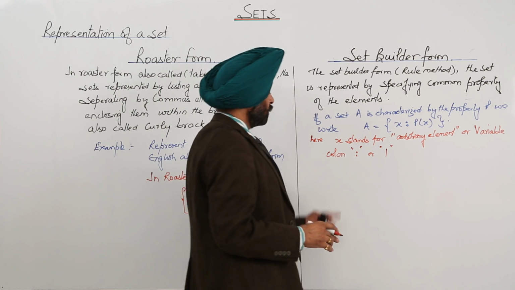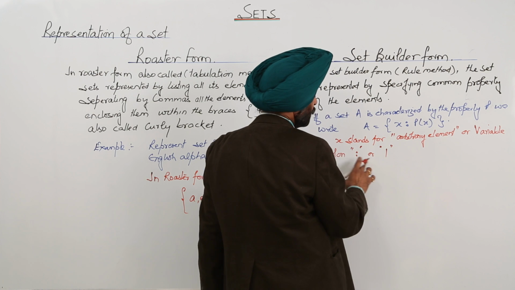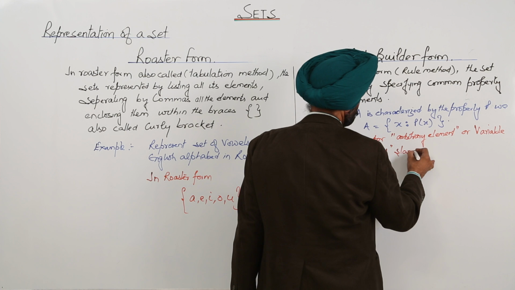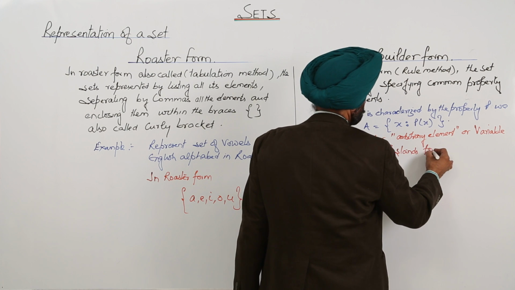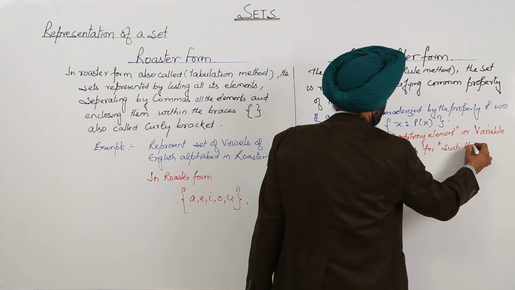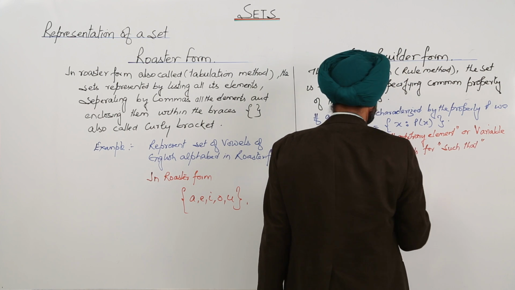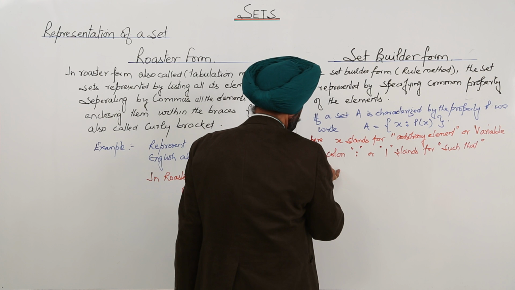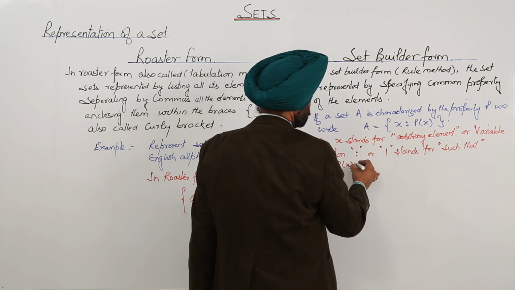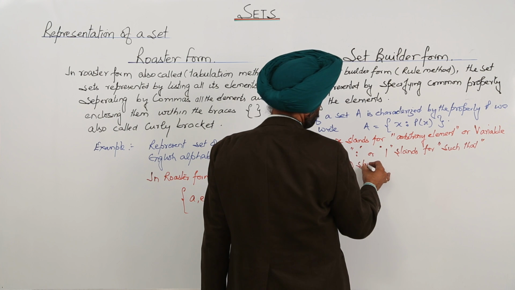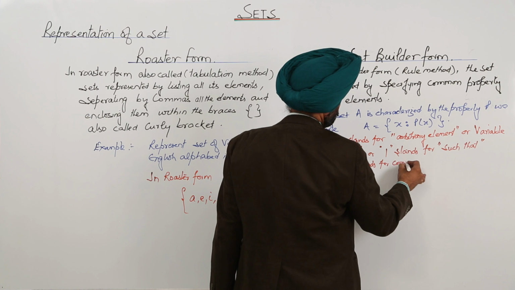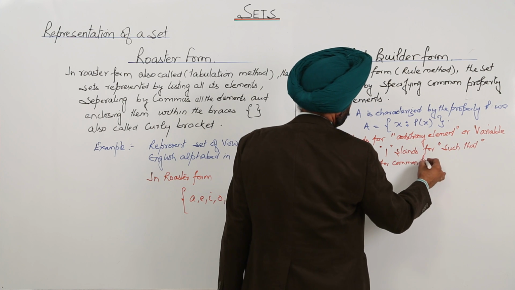Now colon, this one or this one, stands for such that, and P(x) stands for common property.